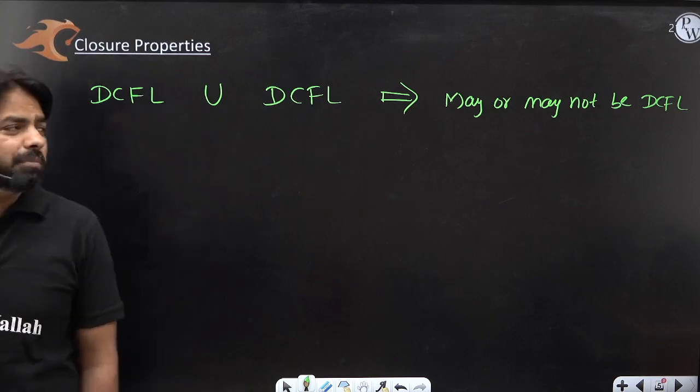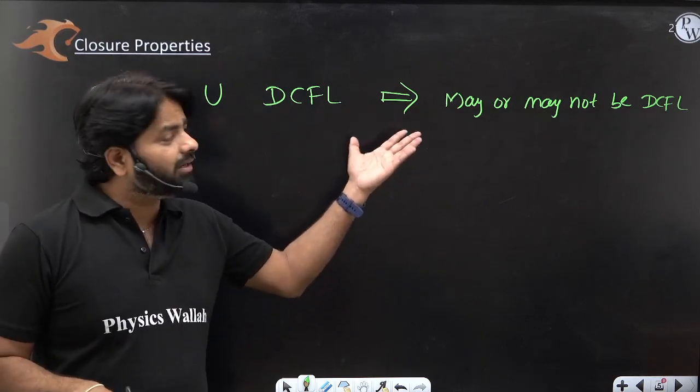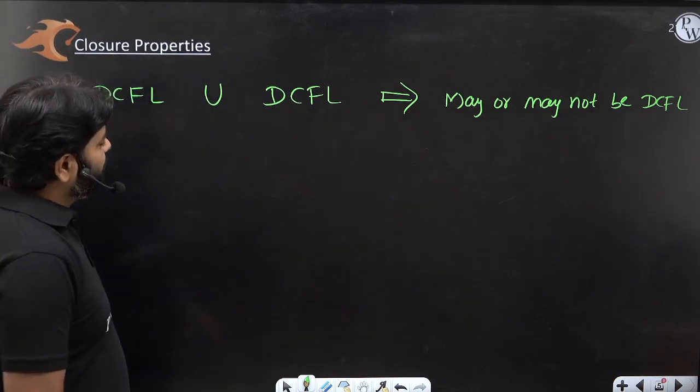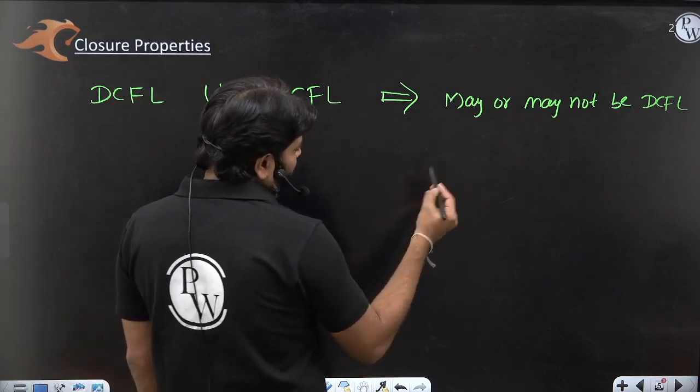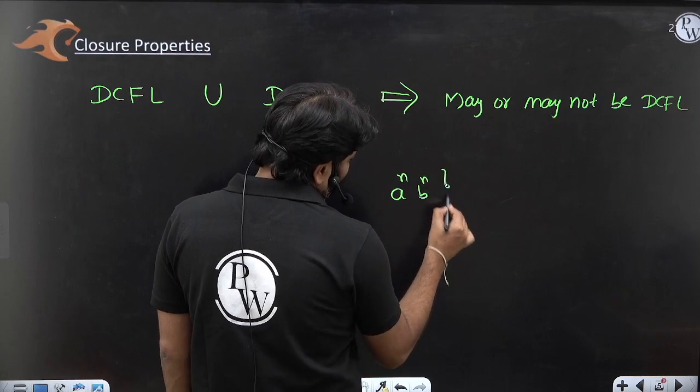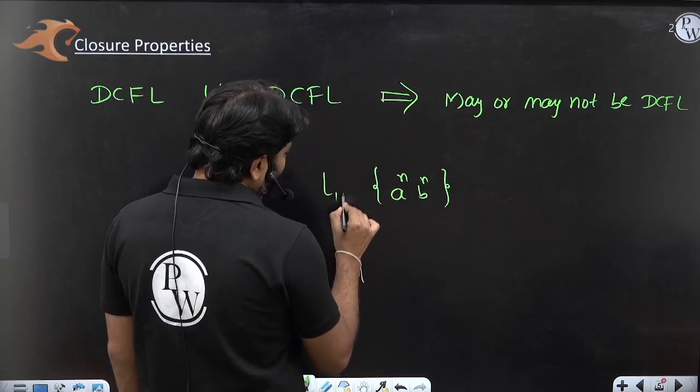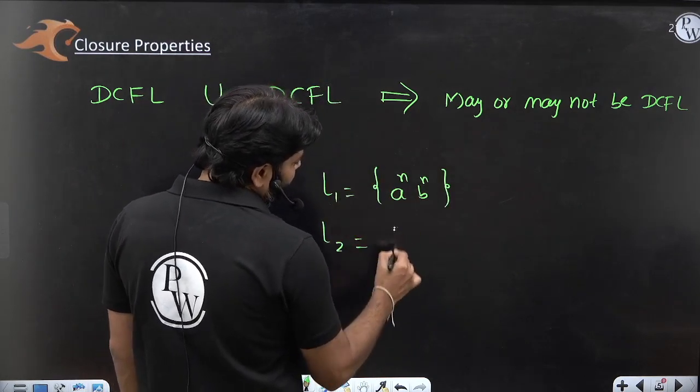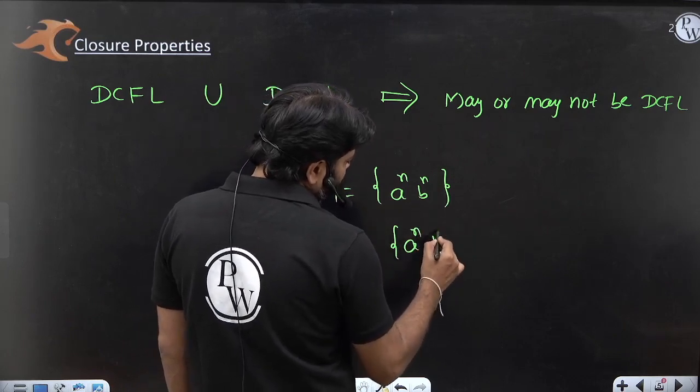You have infinite examples for getting a non-DCFL, but here I'm just taking one example to help you. Take a power n, b power n as L1, and for L2, a power n, b power 2n.